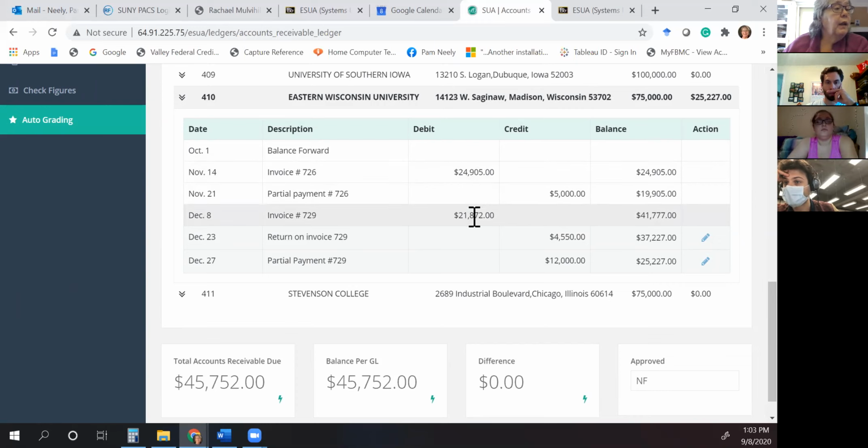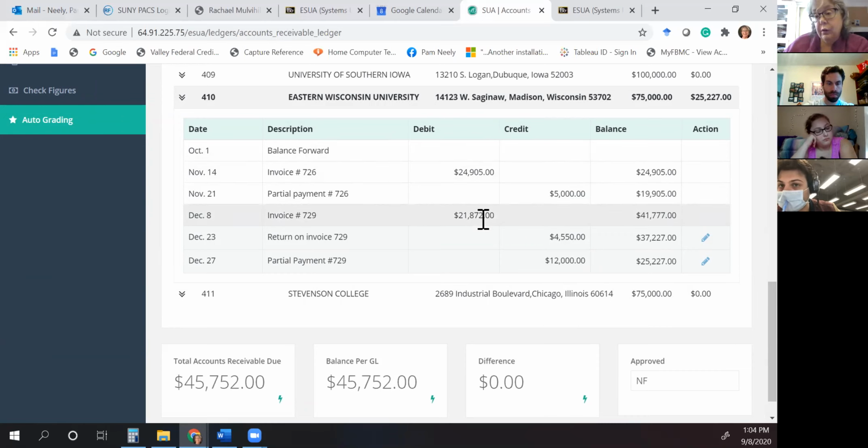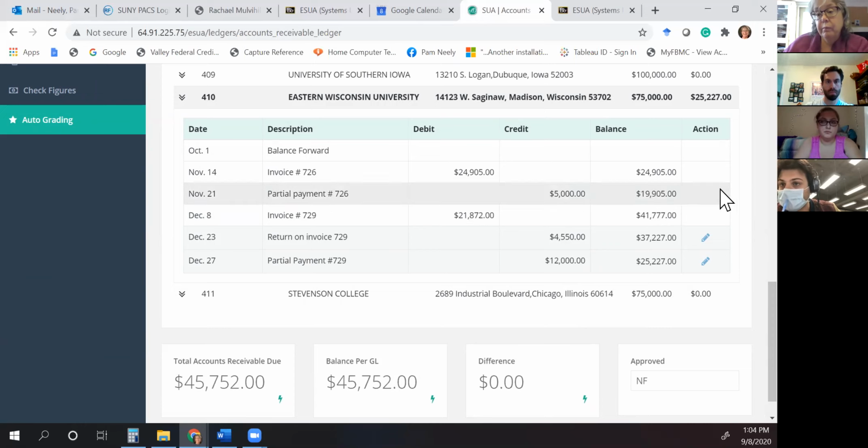Okay. And then they had another invoice for $21,872. And they got $45.50 in credit, and they got a partial payment of $12,000. So they owe on this invoice and they owe on this invoice. Some of it's old, some of it's current. Okay? So that's how you fill out the columns.